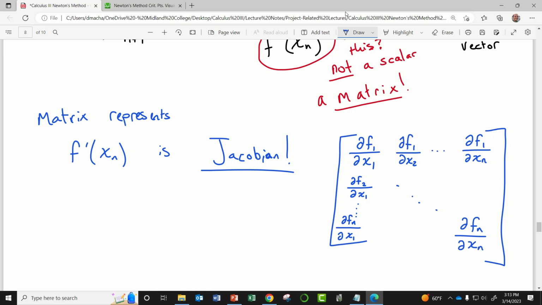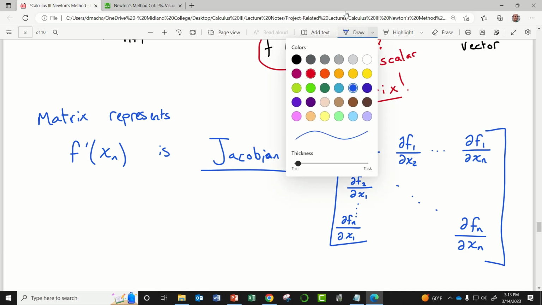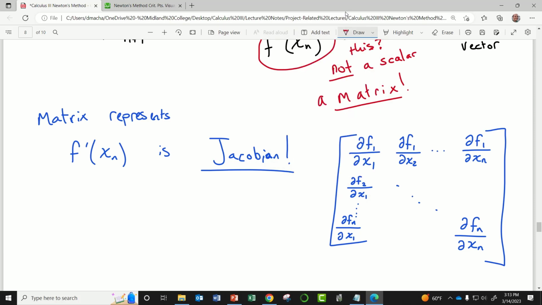Now, in this video I don't want to confuse notation, and so let me point out that these subscripts are supposed to represent the entry number in the vector. And also the same thing for these subscripts.